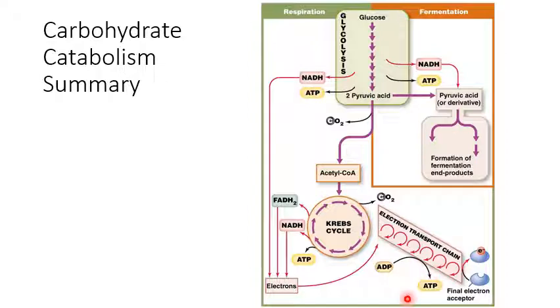The energy is being used to pump protons across the membrane to create a concentration gradient for protons called the proton motive force. At the end of the electron transport chain, the electrons will be added to the final electron acceptor, which is usually oxygen. For aerobic respiration, it would always be oxygen. That creates water. If you're doing anaerobic respiration, then you're using something else instead of oxygen, and you would be producing something else instead of water.